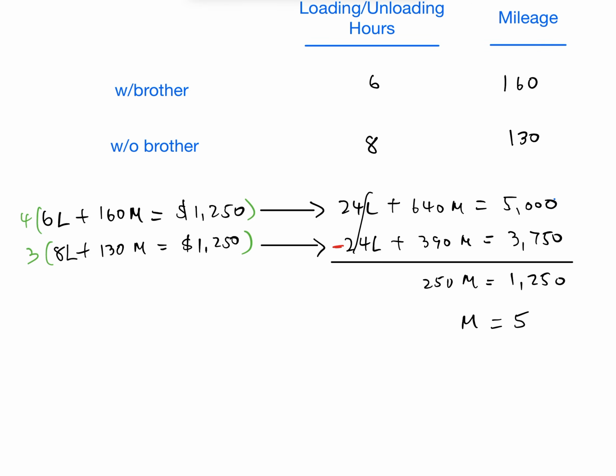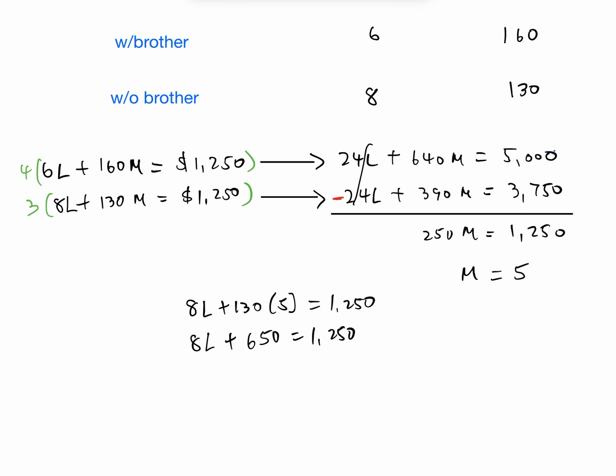And then if we were to take this M equal to 5 and plug that back into, let's say, the second equation, we're going to get 8L plus 130 times 5 is equal to 1,250. 8L plus, this works out to 650 is equal to 1,250.